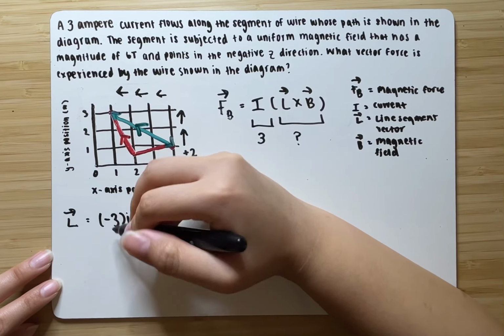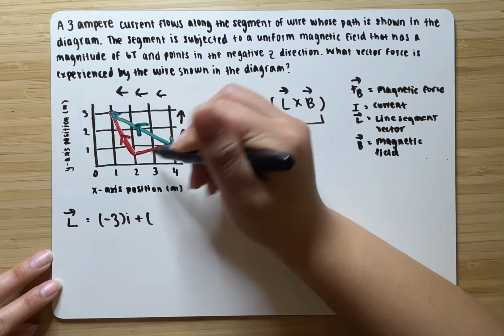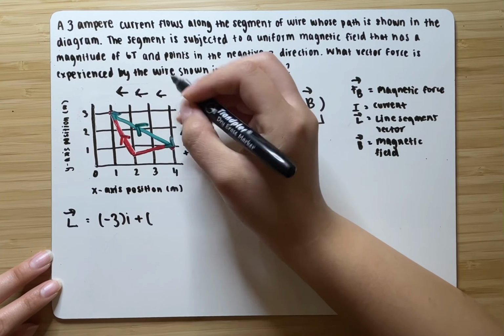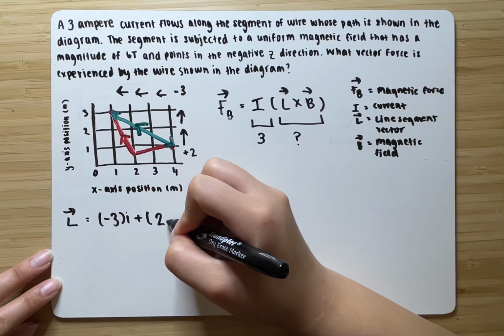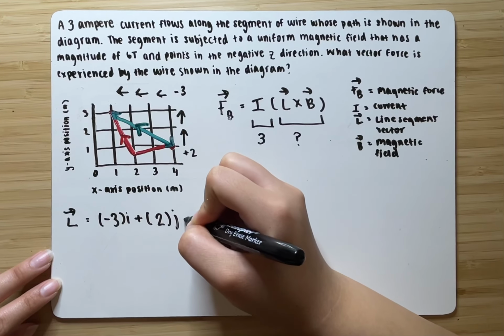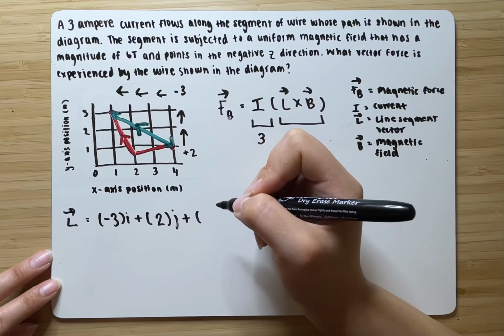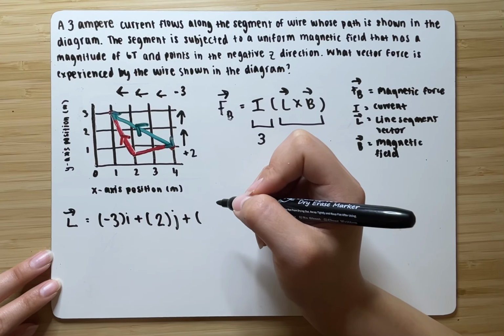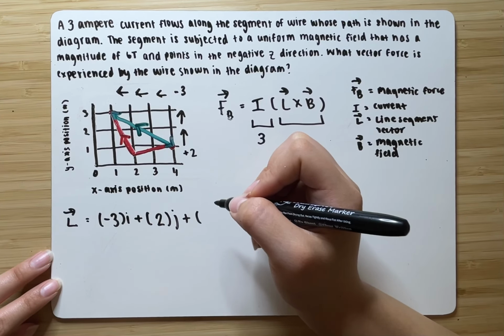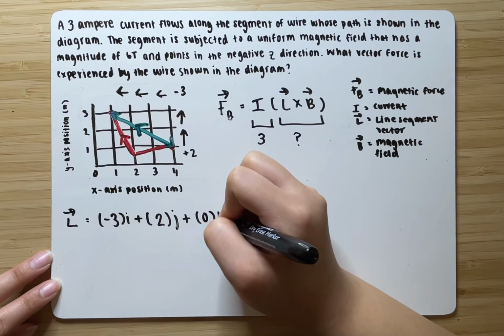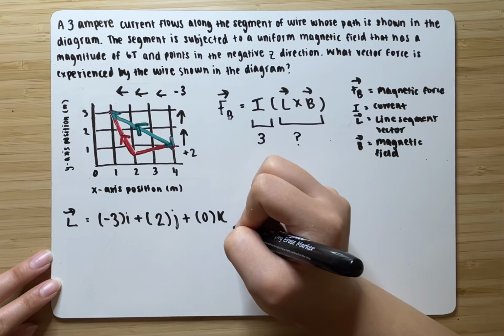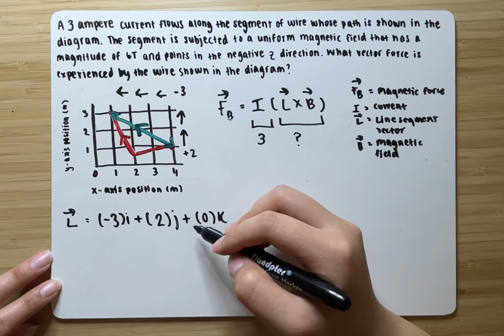And the x is negative because it has to go back, because this is 4, this is 1, so it's going to be a negative 3. So our j component is positive 2j, plus a line segment. Lines are 2-dimensional, so there's no z component here, because if there were a z, it would be 3-dimensional. So 0k. So this is our vector for the line segment.